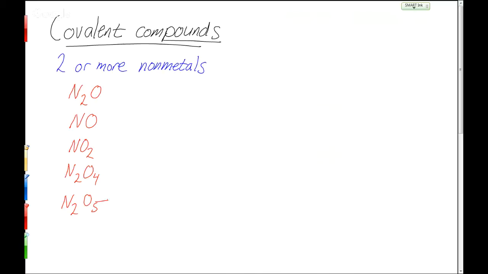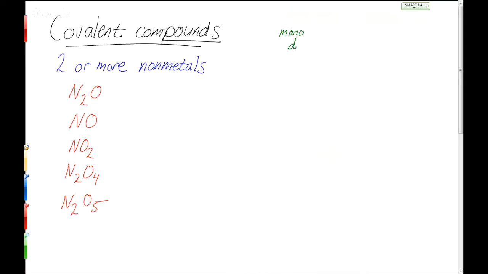So when we name covalent compounds, we have to specifically say how many of each thing there is. And in some ways that makes it a lot easier because there isn't this trying to figure out charges and whatever. You just have to say how many there are. So the way we say that is with prefixes that you've probably heard before. We'll put a list of them over here.